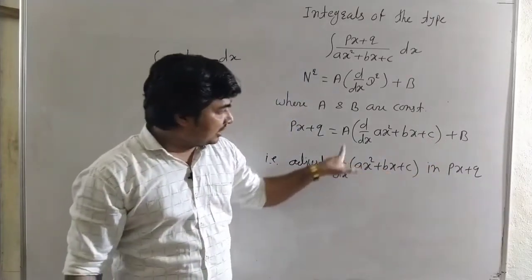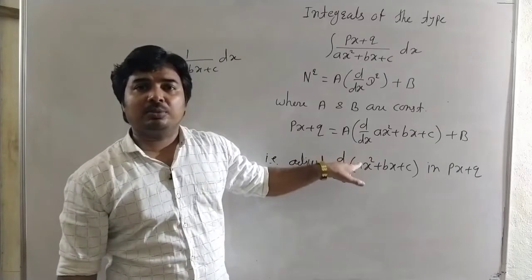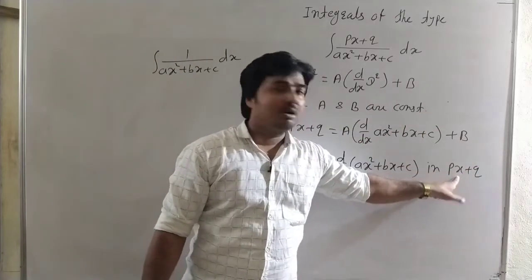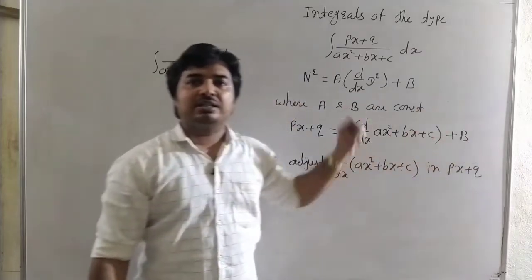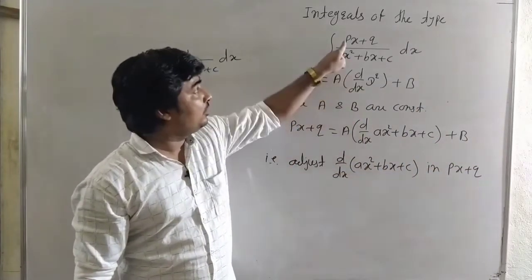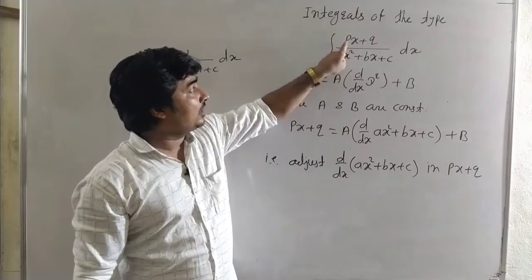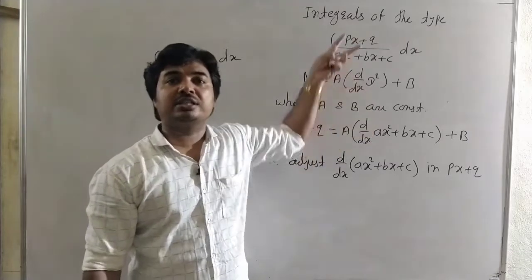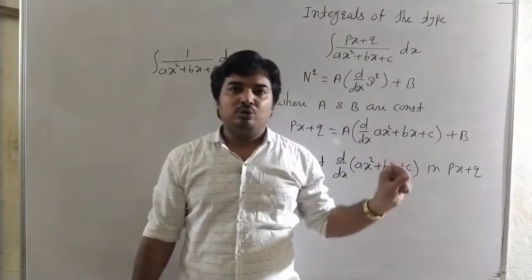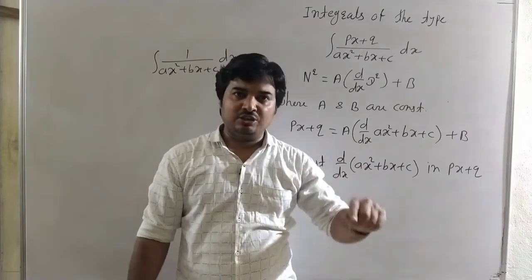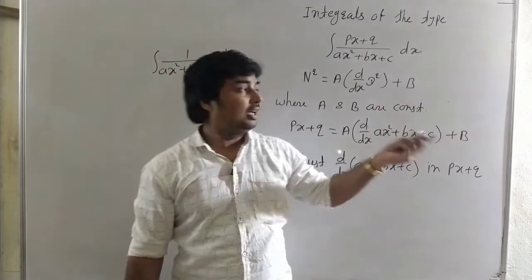We adjust the derivative of the quadratic function in the numerator, that is, in this px plus q. When the denominator is differentiated, the degree of the numerator and the degree of the derivative of the denominator are the same. If the degree of the numerator and denominator are the same, then we adjust the denominator in the numerator.